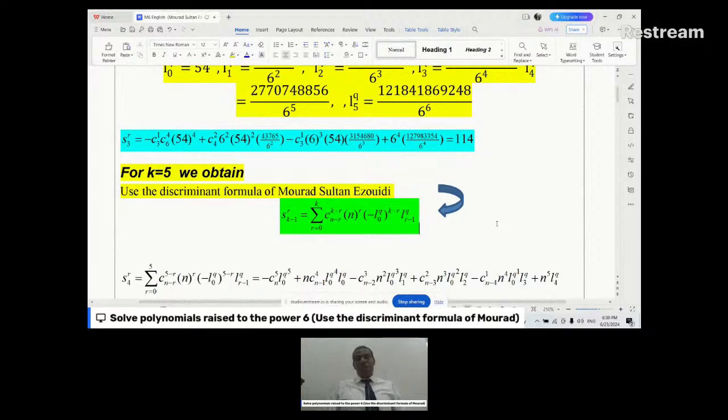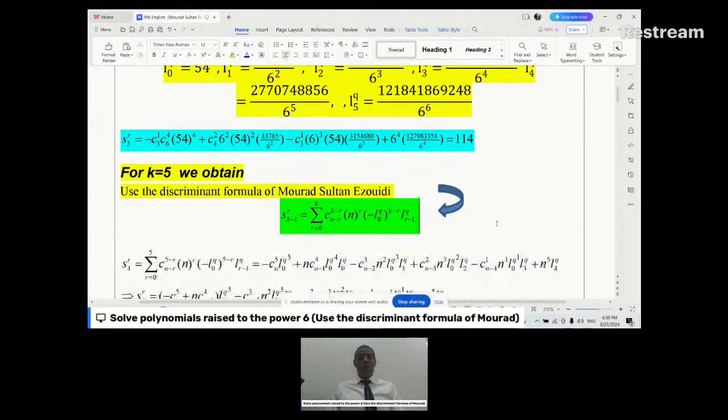We are looking for letting you dive into this deep research, deep work, and we hope that you will get the idea how you can also solve them to the power 5, 6, 7, 8, 10, 20, 30, whatsoever the power of the polynomial.